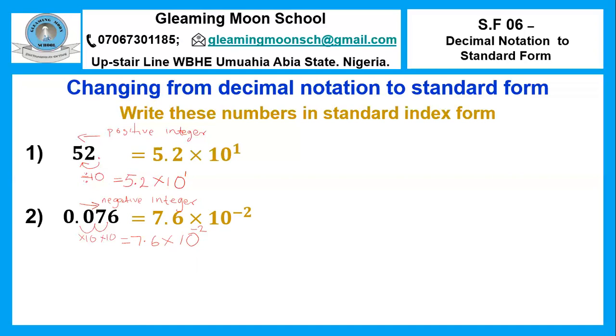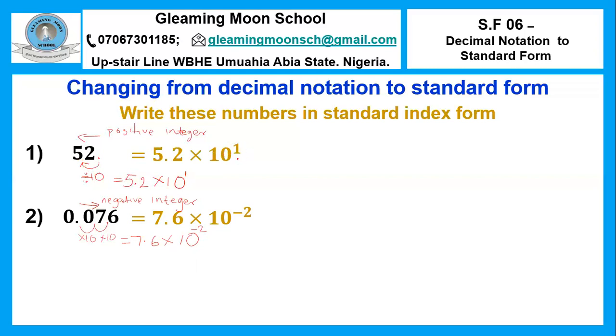Okay, so the 2 key things you need to bear in mind is when you're moving your decimal point to the left, you are dividing by 10. And when you're dividing by 10, your power is going to be a positive integer. And the number of times you divide by 10 or the number of times you move your decimal point will determine the integer for the power of 10.